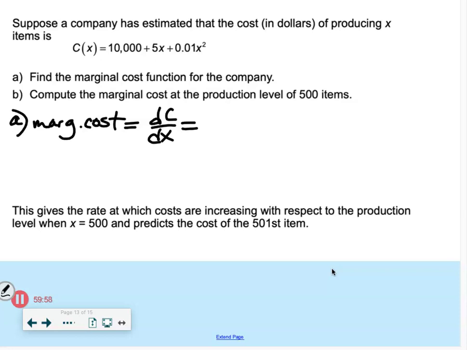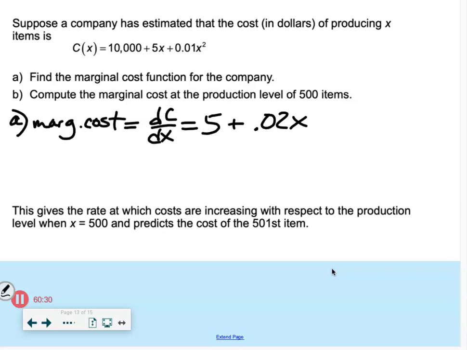Find the marginal cost function for this product. Emma, what'd you get? 5. Yeah, very good. 5 plus 0.02x.